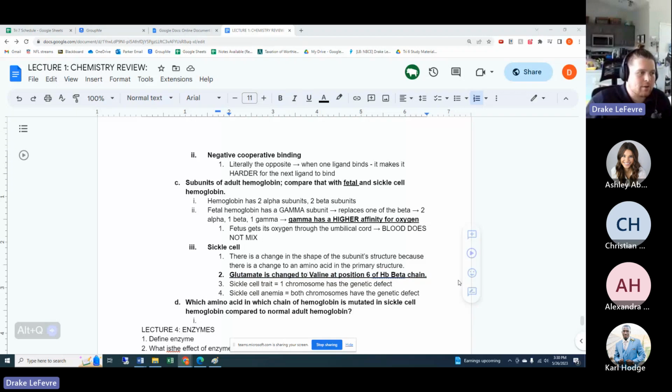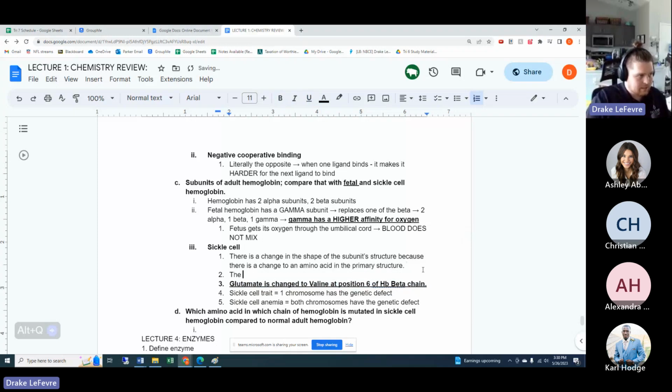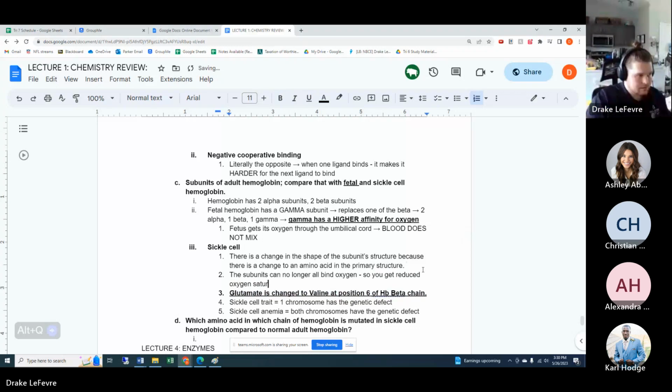It just makes carrying and binding oxygen that much more difficult. The subunits no longer all bind oxygen, so you get reduced oxygen saturation or carrying capacity of the body.